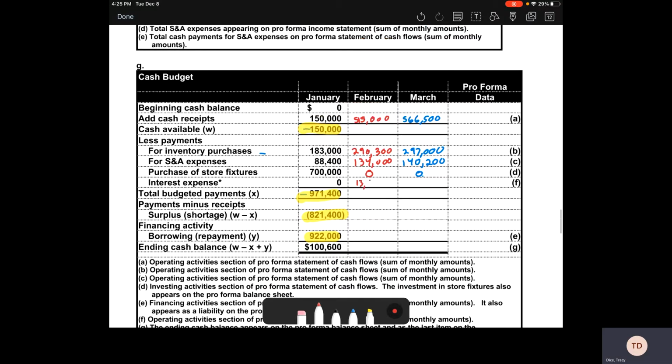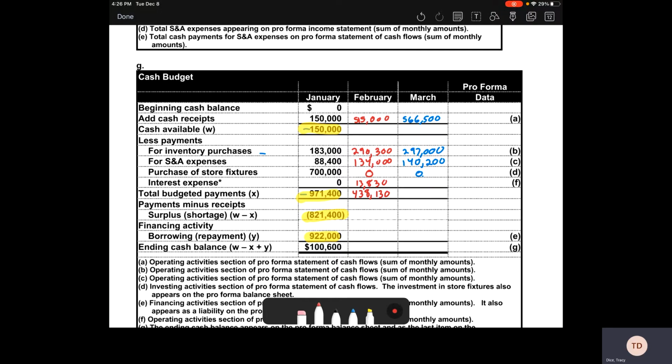So now we can find our total budgeted payments for February, which gives me a total of $438,130. All right, so we've got all of the things that we need from our previous budget.